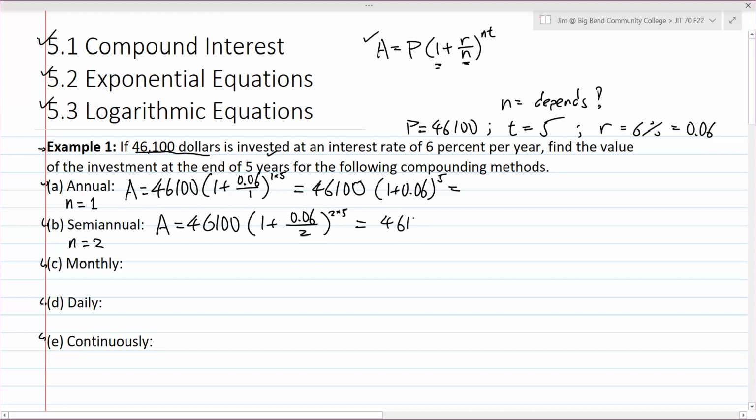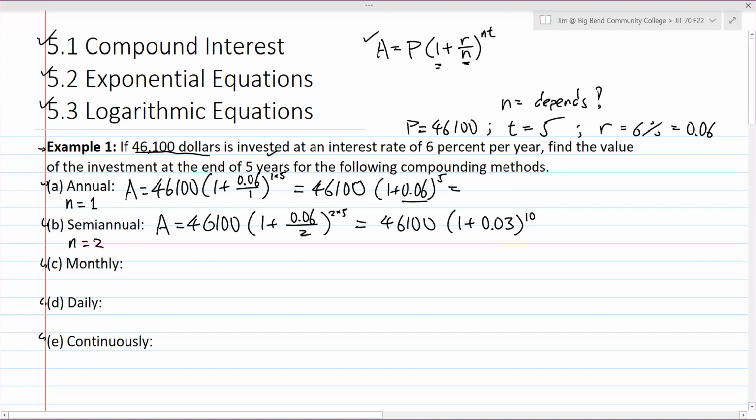So your reduced fraction, and the finalized equation, will be 1 plus 0.03. Now you can see that number telling you that for every 6 months, the rate is 0.03. When you turn the time into years, you'll double the rate, which gives you 0.06. This is how the semi-annual compound works.